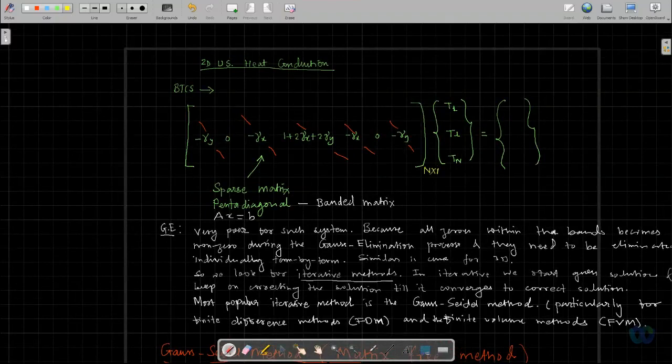It means if you have these many grid points, n in the x direction and another n in the y direction, then it should be n by n. Similarly, this will be a total of n by n elements.